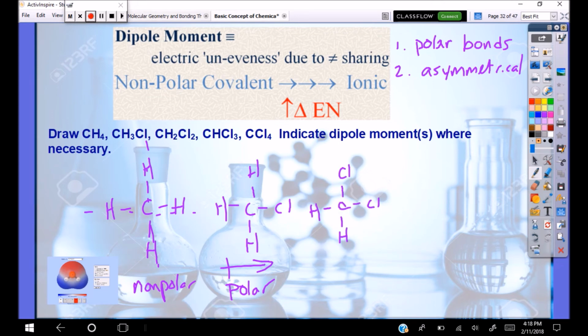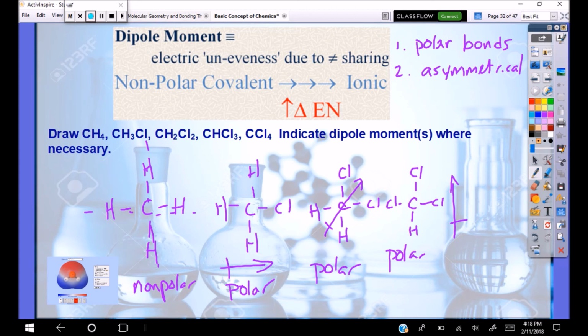While we may be symmetrical in one direction, we're not symmetrical in the other direction. So overall, we're going to get a dipole this way. Even when we have three of them, it's still going to be pretty polar. Everything's going to be shifted with a net in this direction. These are all polar. What about this last one, CCl4?